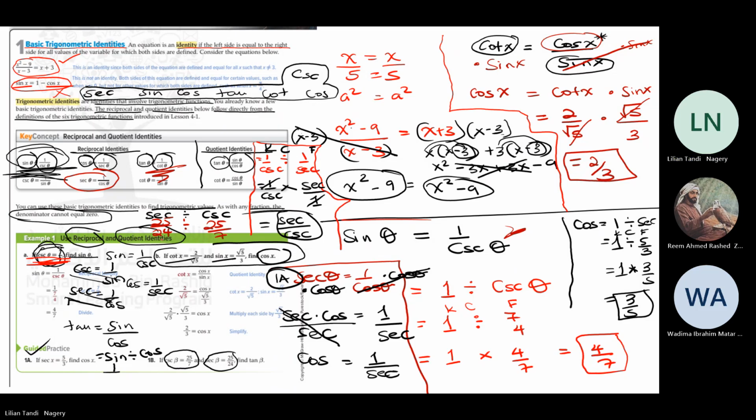Rule? Keep, change, flip. Very good. So 25 over 24 times 7 over 25. This goes away. What is our answer? 7 over 24. And we box it. Okay? Up to here, we are good? Yes. Okay, we can move on?